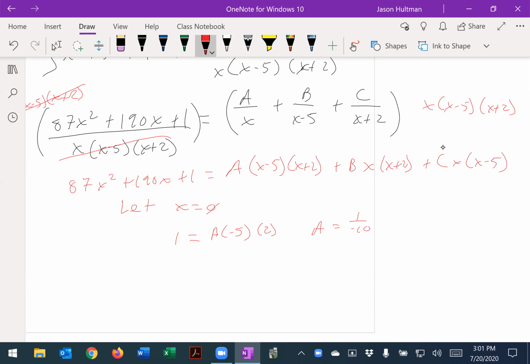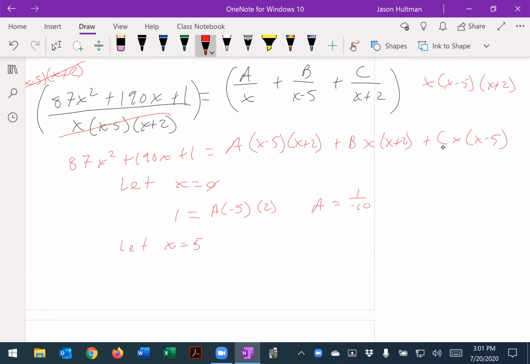Okay, let's next let x equal 5, and that's going to allow me to get b. So we've got 87 times 5 squared plus 190 times 5 plus 1 is equal to, a and c are gone because that's going to just create zeros, b times 5 times 7, or 35b.